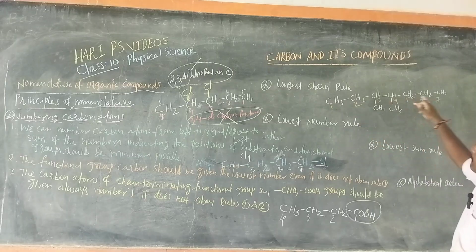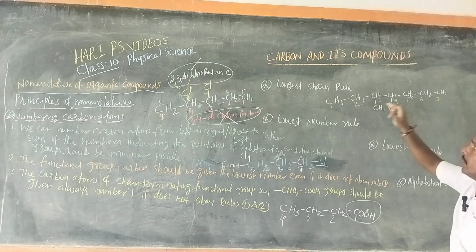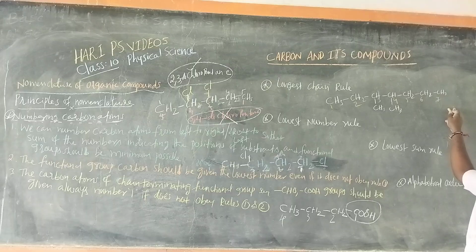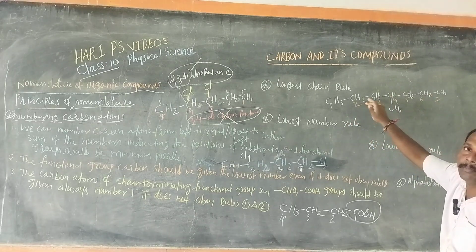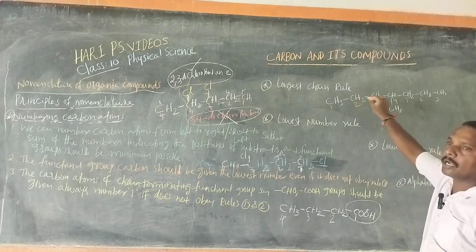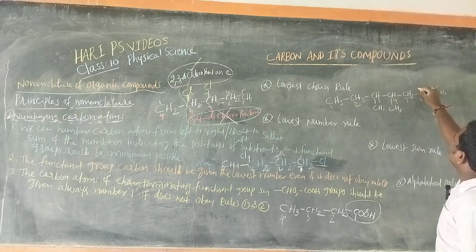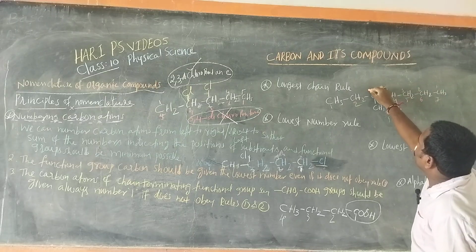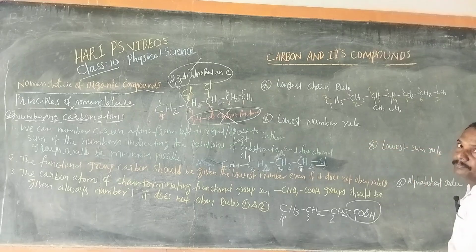This is the parent hydrocarbon or parent chain or main chain or principal chain. Or give 1, 2, 3, 4, 5, 6, 7. Rule 1.